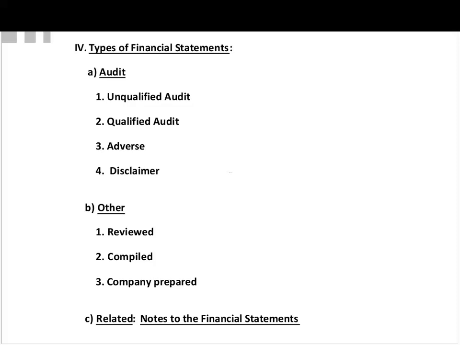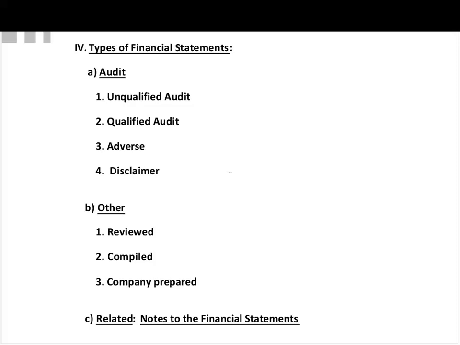Let's go up to B2, compilation or compiled. A compiled financial statement is basically where the CPA takes the QuickBooks, puts it into their format, and puts a big disclaimer: well, this is management's information, management's responsibility. But generally, most people would say a CPA compilation is a little higher level of sophistication.